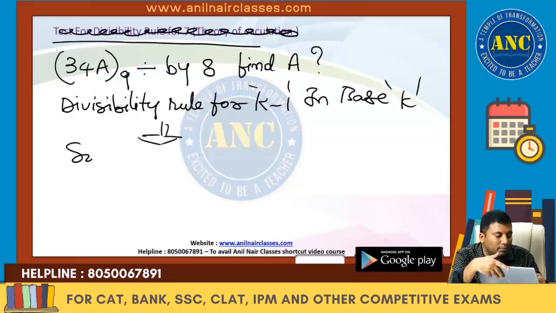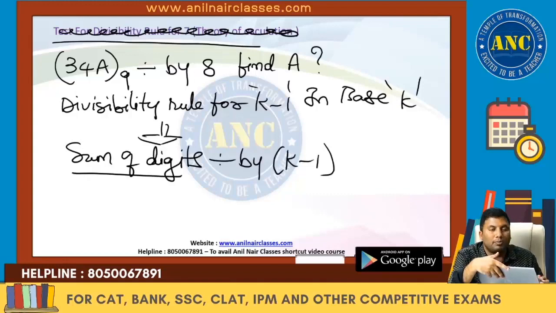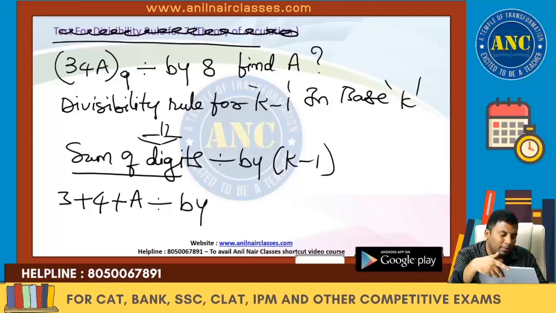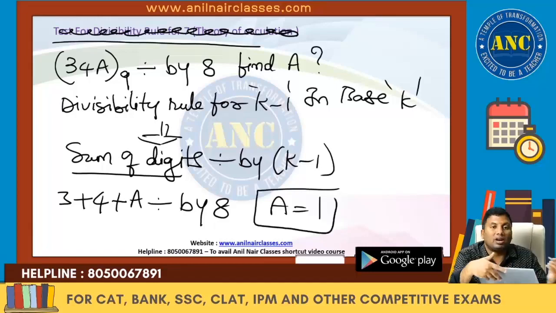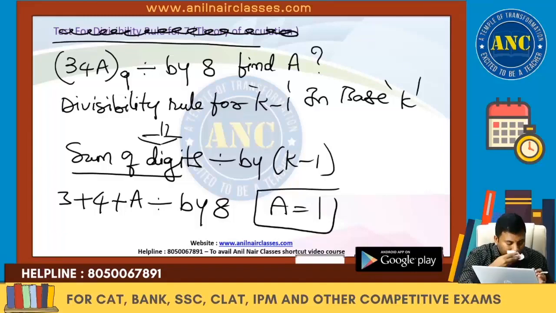Sum of the digits should be divisible by k minus 1. 3 plus 4 plus a should be divisible by 8 in base system 9. 7 plus a should be divisible by 8. What is the value of a? 1. I hope you got the idea. Anyway, in base systems, I will use this fantastic approach where you don't need to find the addition of two bases or subtraction of two bases. You can easily solve the question just by looking at an answer option. Are you all with me?